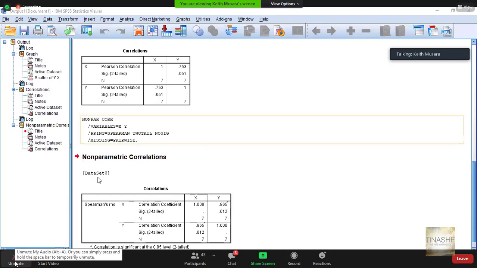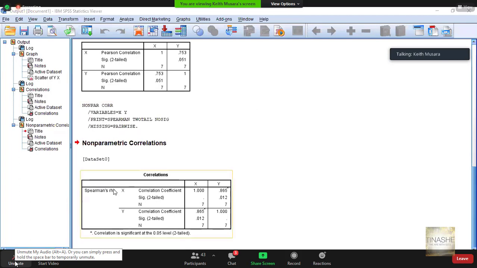Then now we go to the Spearman's correlation. The Spearman's correlation gives us the same kind of output. We have to get the correlation coefficient and also the p-value. So the Spearman's correlation coefficient is 0.865.